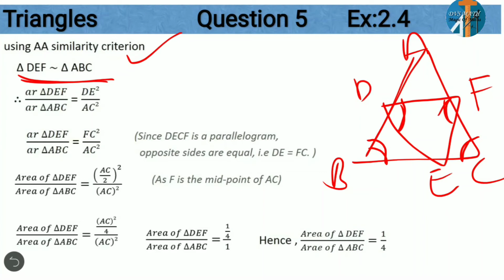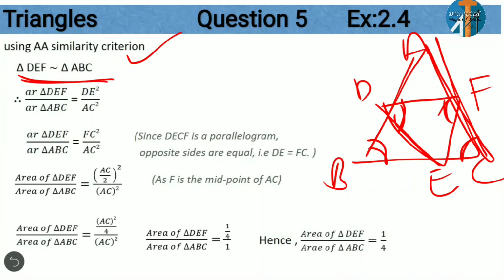So what we have to take is the ratio of the area of DEF by the area of triangle ABC, right? So area of triangle DEF divided by area of triangle ABC is equal to the square of the ratio of their corresponding sides, which are DE by AC, so we are considering DE and AC, whole square.